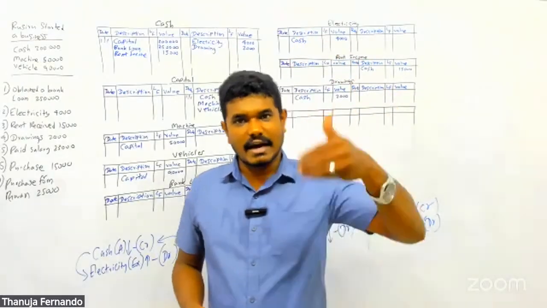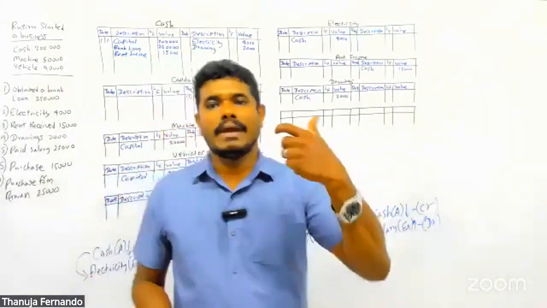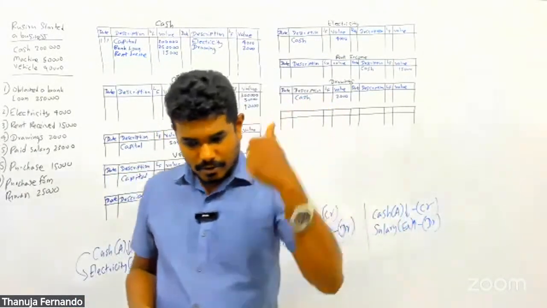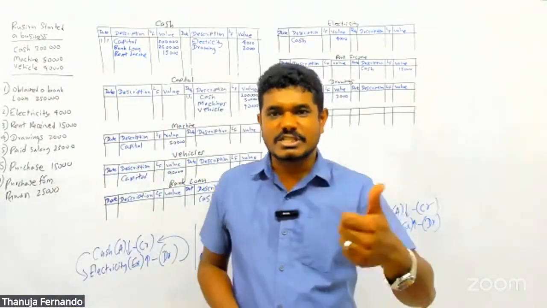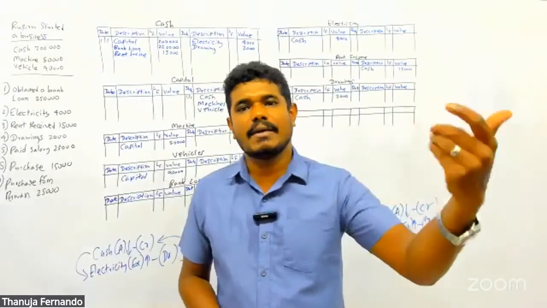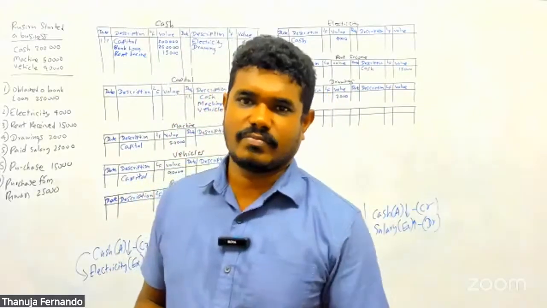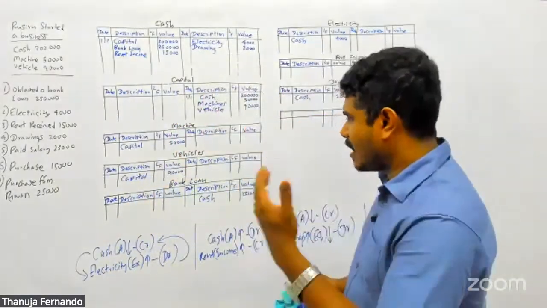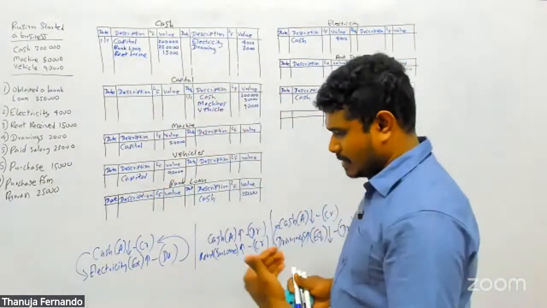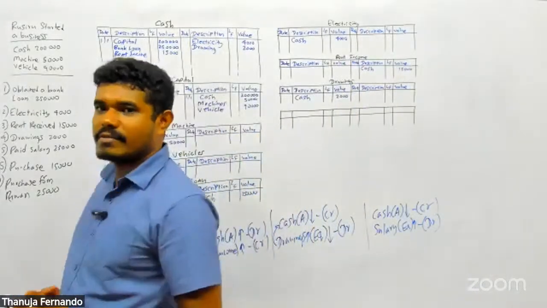But here we can't do like that. We have to maintain individual accounts for each and every asset, each and every liability, each and every expense, each and every income, each and every equity, right? We have to maintain individual accounts one by one.